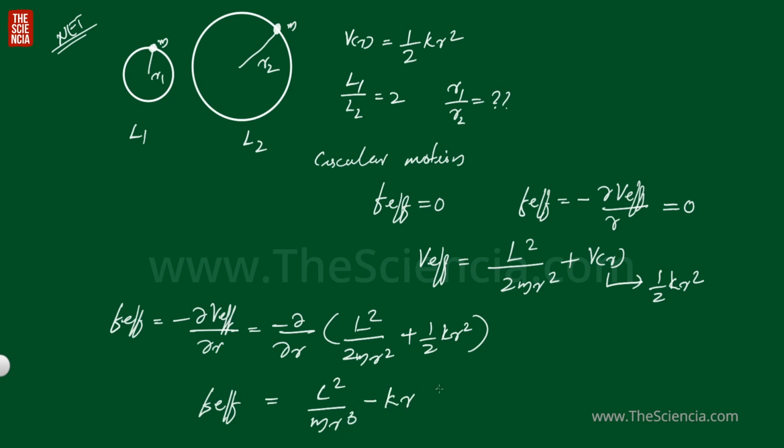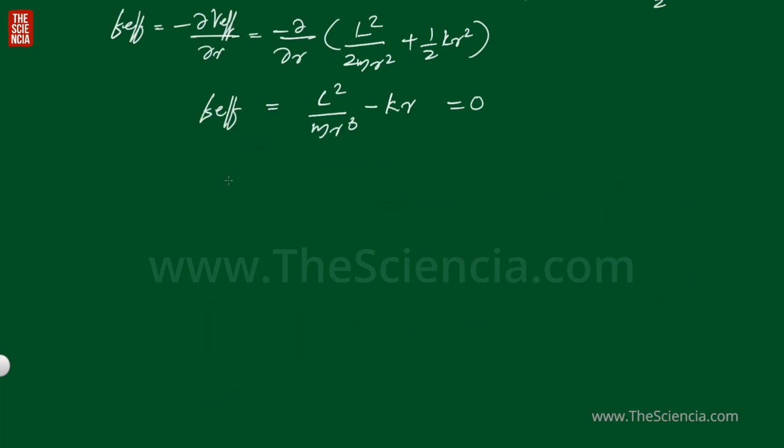And we know F effective equal to 0. Therefore, we can rewrite this equation, that is L square equal to k r into m r cube. That is L square equal to k m r raised to 4. Therefore, L will be equal to root k m r square. Right. So here we have to find out L1.